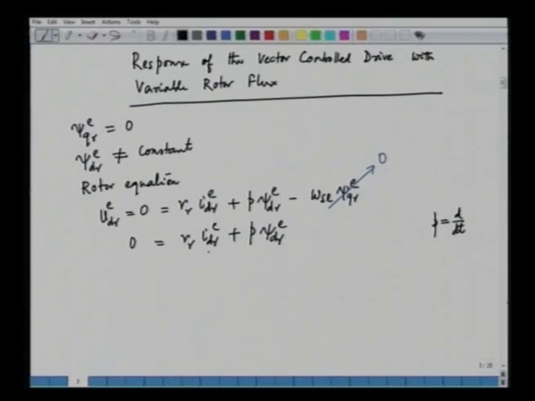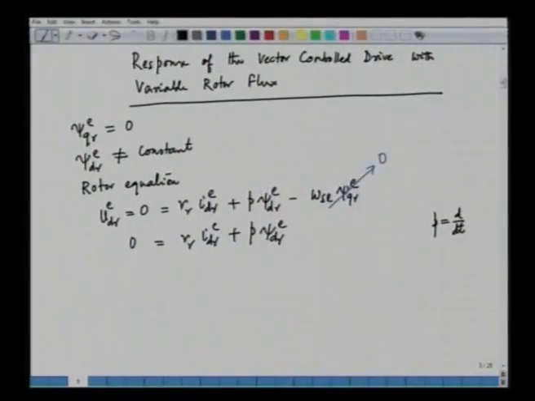IDR is not easily measurable. IDR is the rotor current in the d axis. The rotors are inaccessible, so we cannot measure the rotor current. So, what we will do, we will try to replace IDR by the stator currents and the flux linkage.